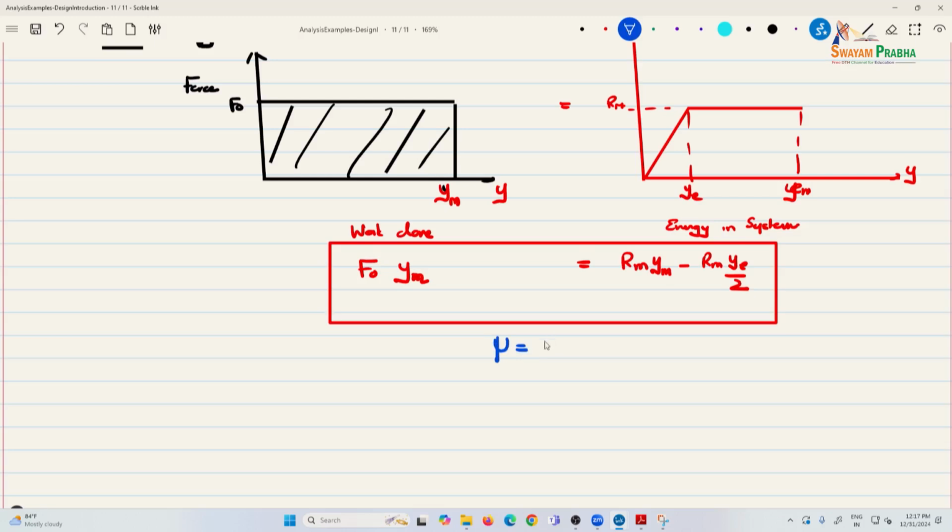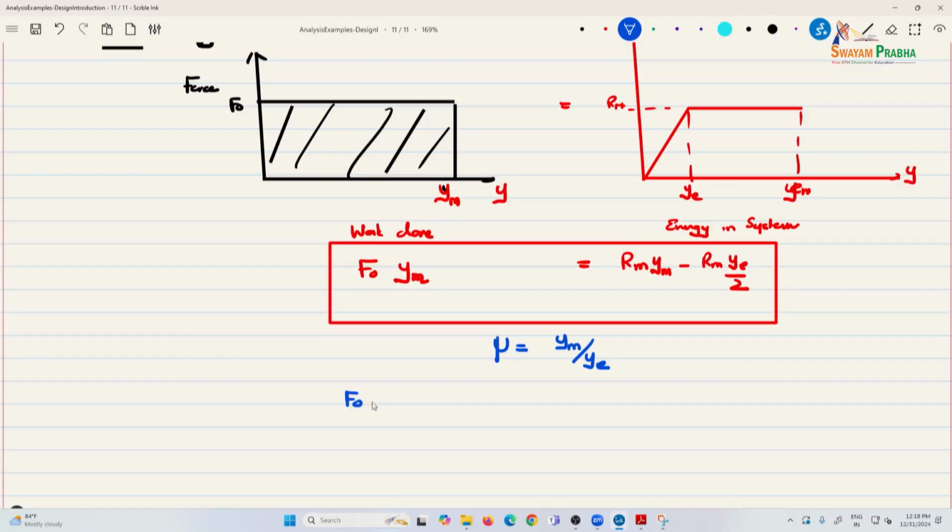We know the term mu. Mu is the critical ductility ratio, ym by ye. So I can write this expression as F naught ym equals Rm ym multiplied by 1 minus ye by 2ym.